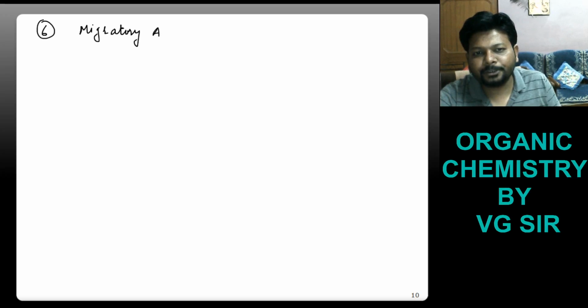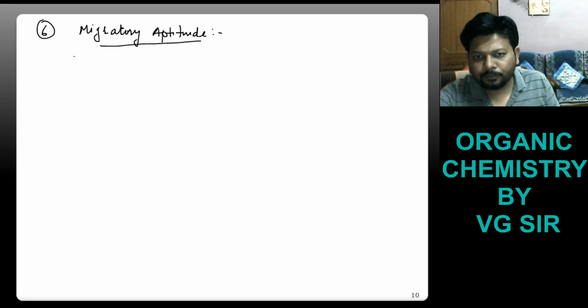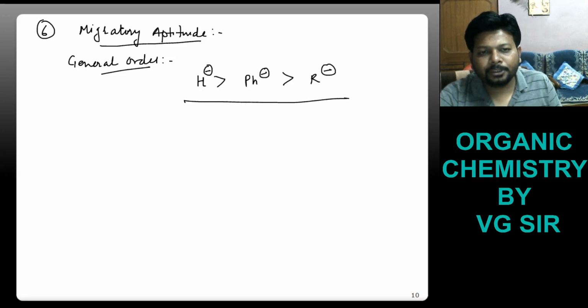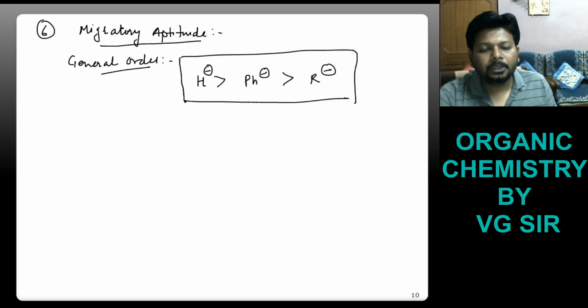Very important thing, that is migratory aptitude. What is the migratory aptitude in this reaction? This reaction follows a general order. What is the general order? That is hydride, then phenyl, then alkyl group. This is the general order. So if there is competition between any groups during migration, then this will be the order: hydride, phenyl, alkyl.